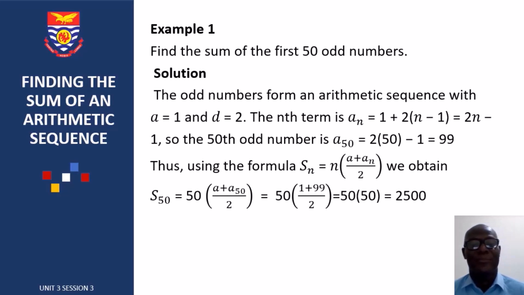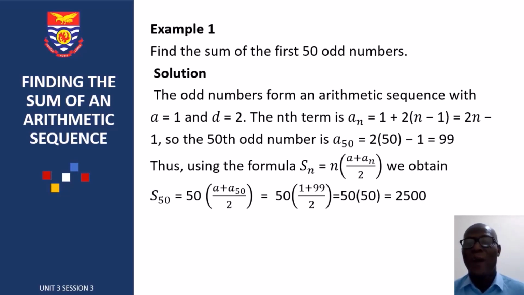That is, we either subtract the first term 1 from the second term 3, which gives 2, or the second term 3 from the third term 5, which also gives 2. Now, the nth term is given by A subscript n is equal to A plus (n minus 1)D.